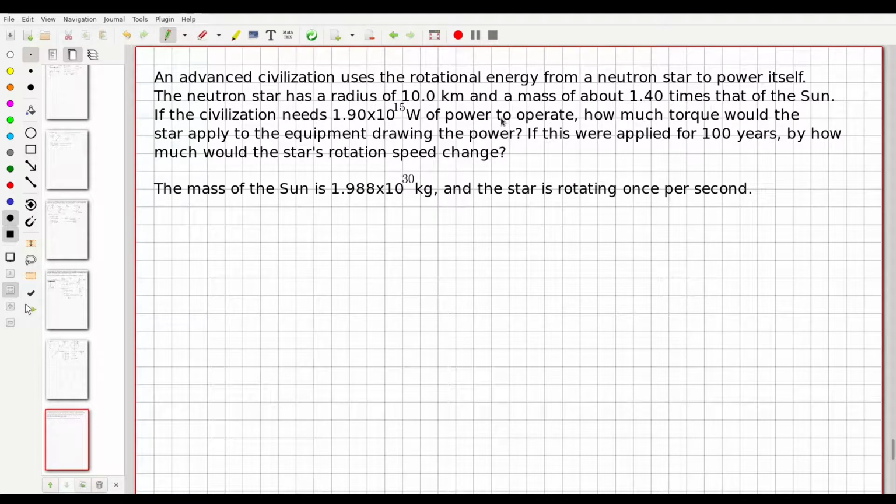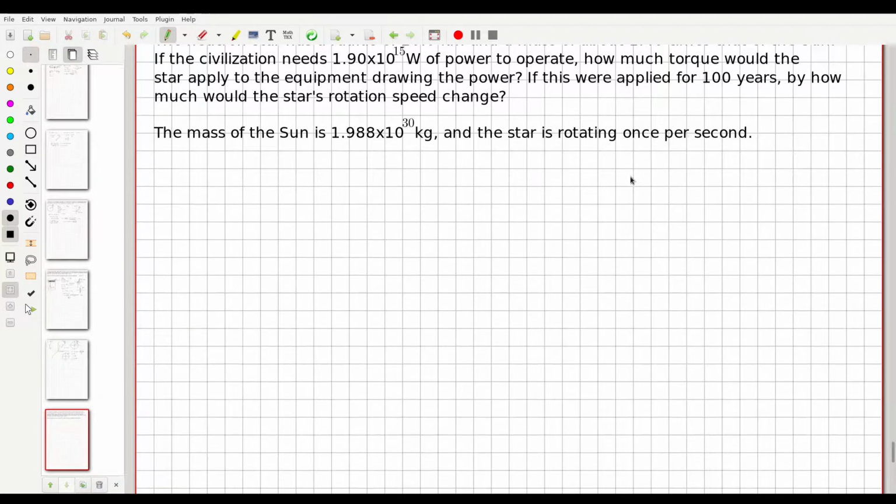Okay, so what we want to know is how much torque would the star apply to the equipment drawing the power. So it's that torque that's being used to generate the energy. If this were applied for 100 years, by how much would the star's rotation speed change? We know the mass of the sun, and we know how many times this thing rotates. It's rotating once per second, so that's the angular velocity.